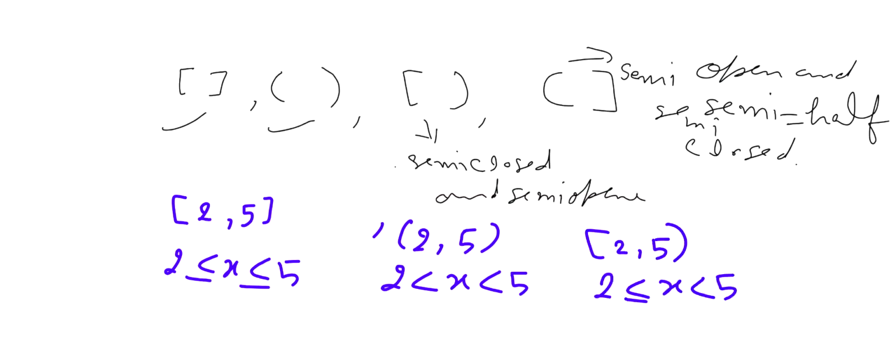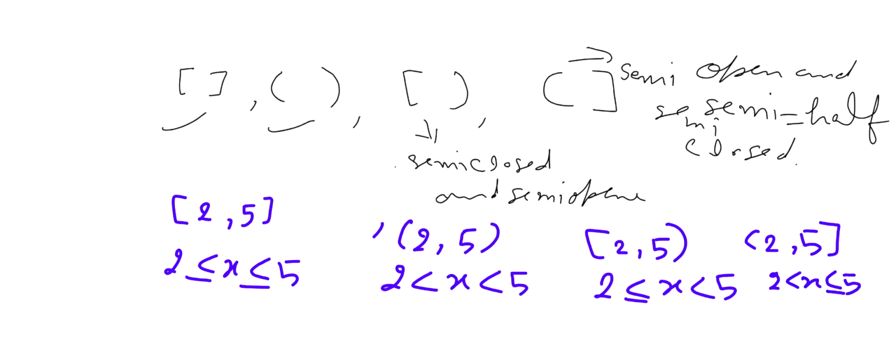Got it? And the last one, 2 comma 5 semi-open, closed. So we write 2 is less than x less than or equal to 5. I hope you understood the meaning of all four intervals.